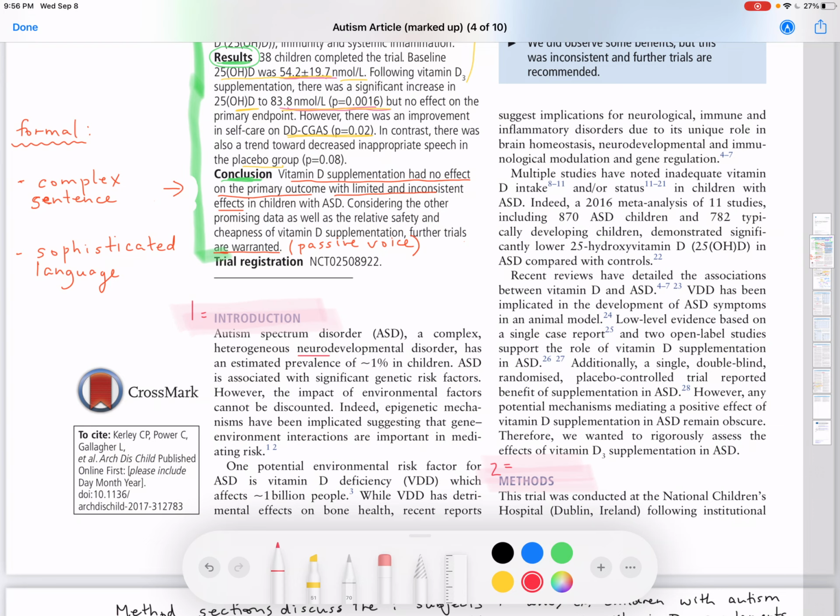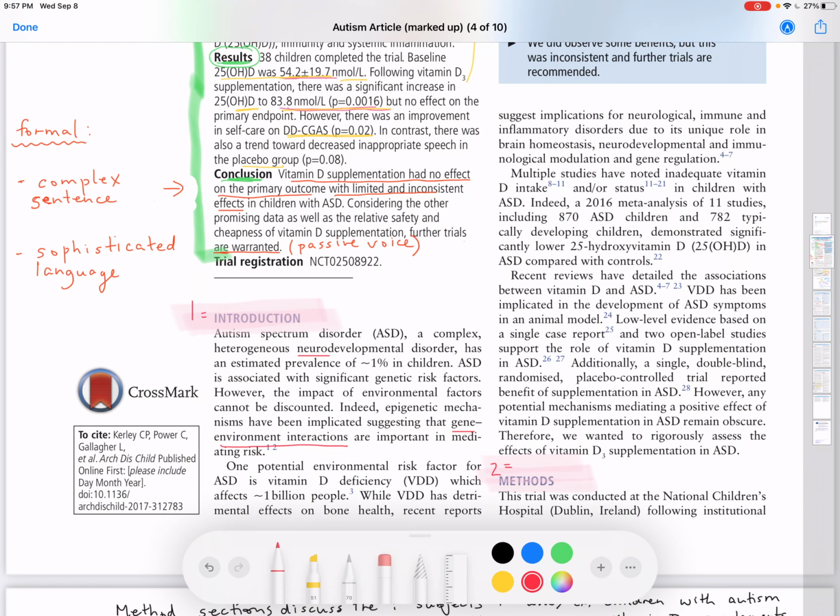Indeed, epigenetic mechanisms have been implicated, suggesting gene-environment interactions. That's an important idea. So the interaction between genetics and environment is important in mediating risk, in lowering the risk of ASD.